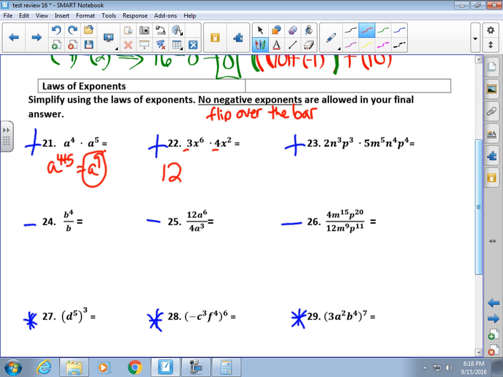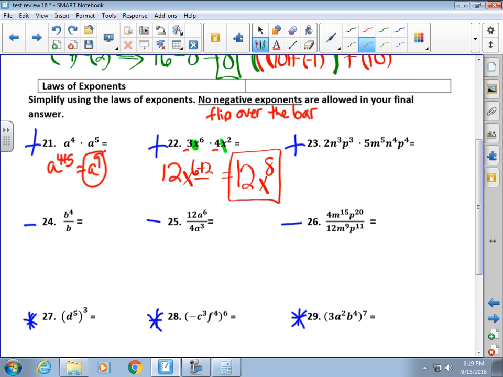Since they have the same base, I can just add those exponents together. So x, 6 plus 2, my answer is 12x to the 8th. Remember, we're adding. We added these. All right? That's my final answer.